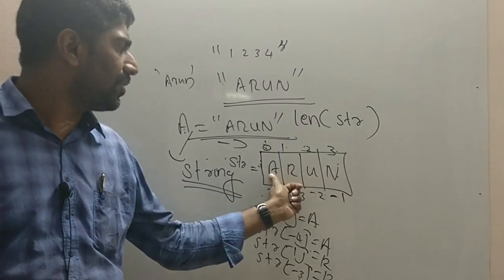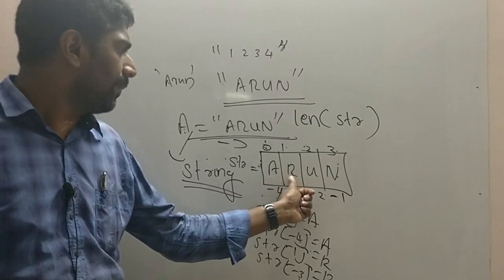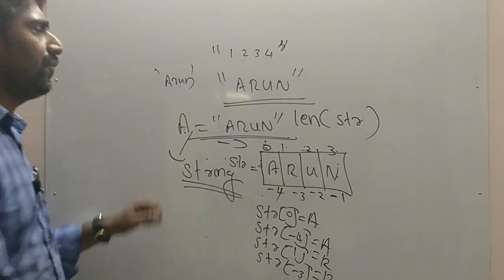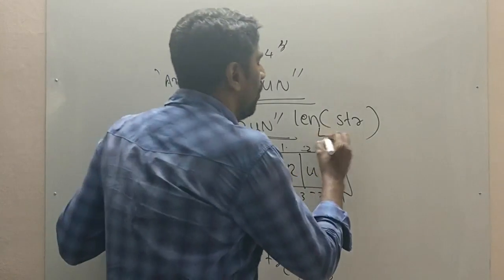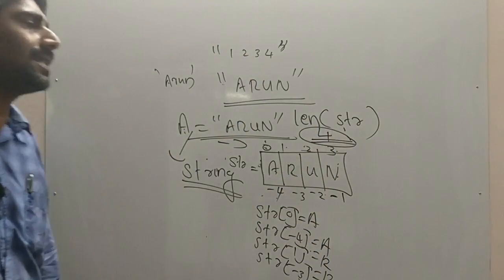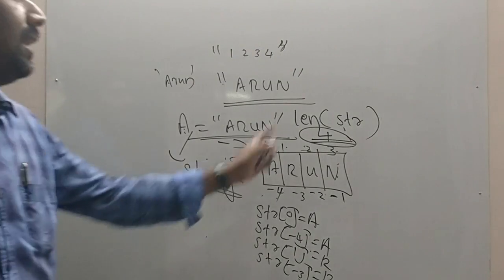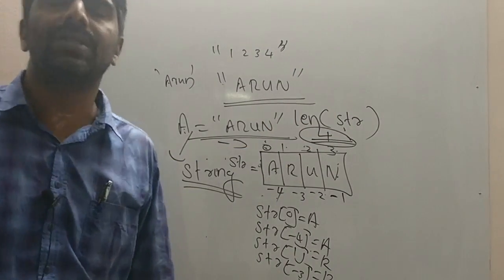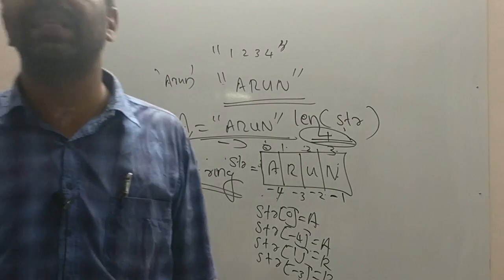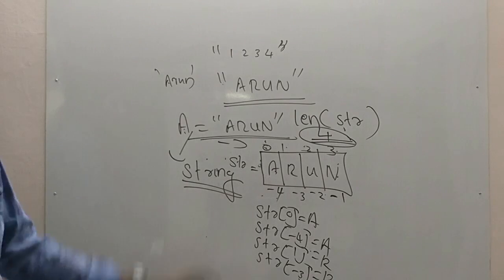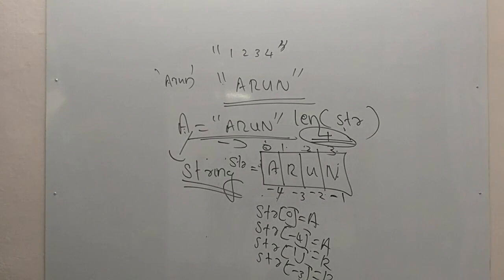How many characters are there? 1, 2, 3, 4. That means len of str will give the result 4. So the len function is used to find the length of a string. That is the use of the len function. Clear?